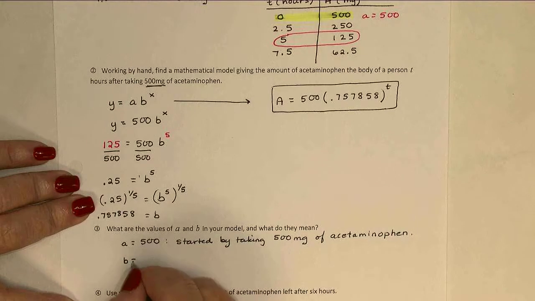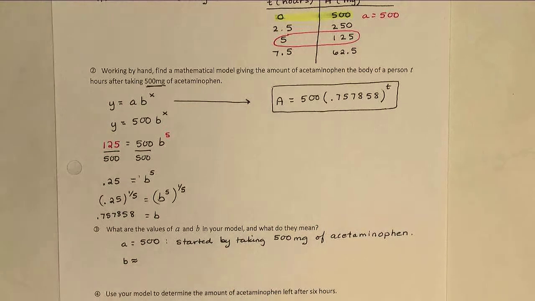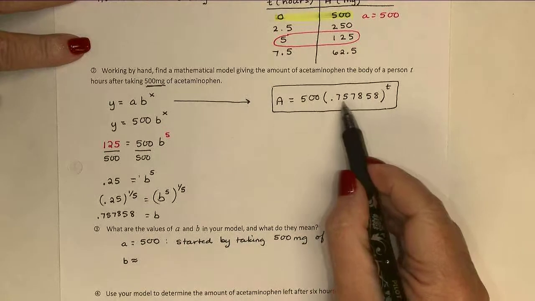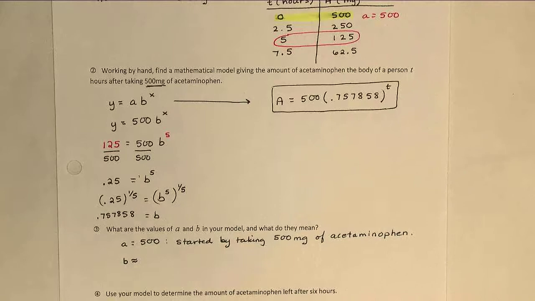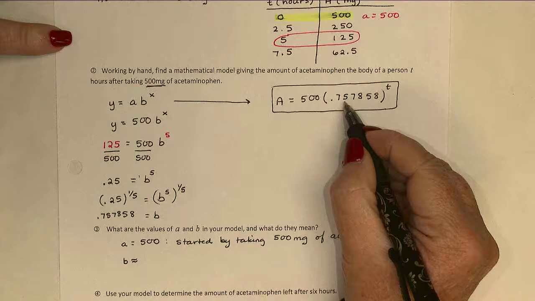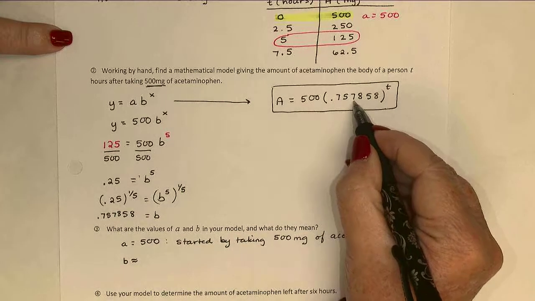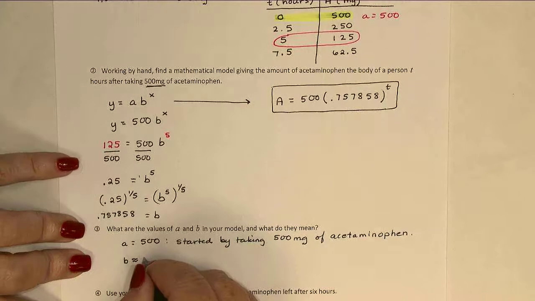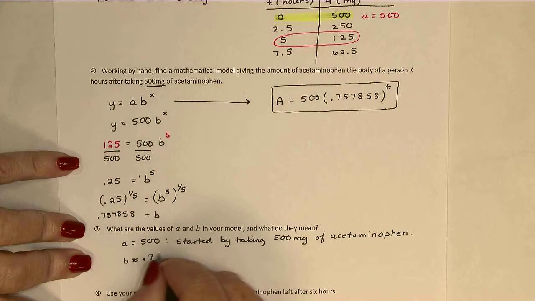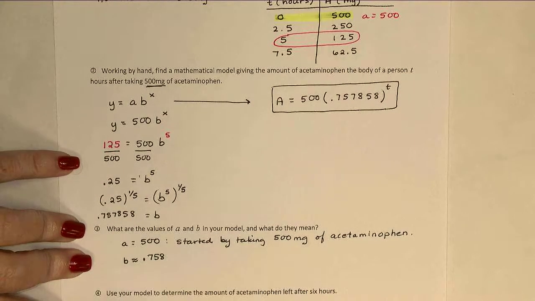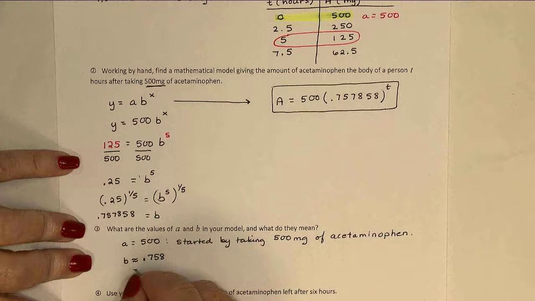For the purposes of describing what's going on with B, I will typically round B off a lot more just so I don't have to keep this whole long thing in my description. I'm going to say B is approximately 0.758 if I round to 3 decimal places. Which I'm going to think of as 75.8%.